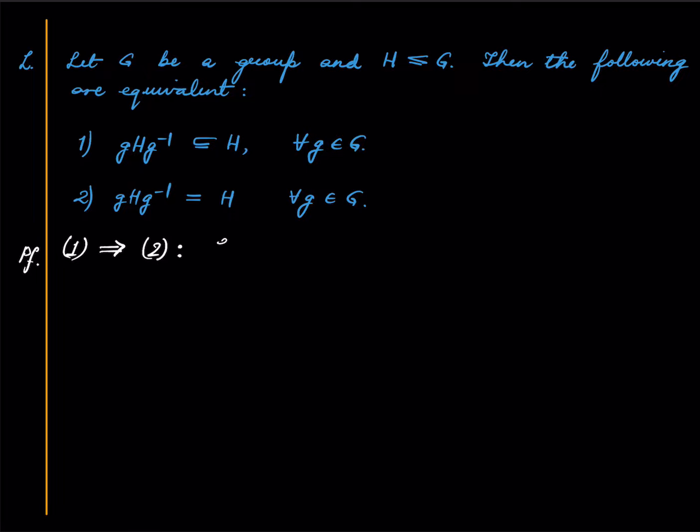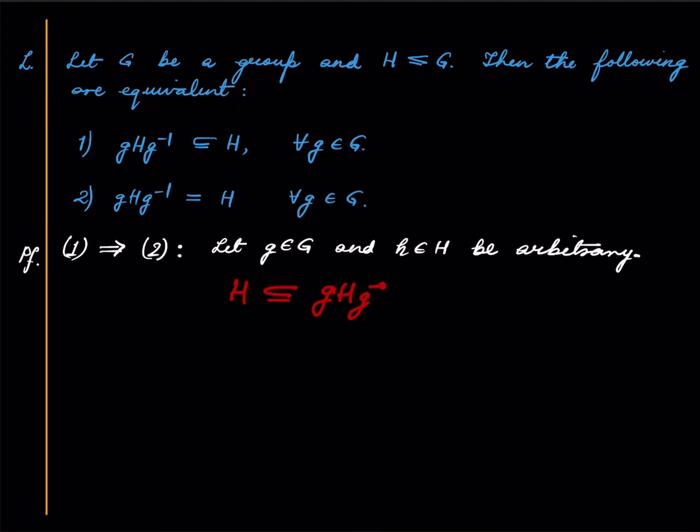Right, so let g in G be arbitrary and h in H be arbitrary. So we are assuming 1 and we want to show that little h, we want to really show this containment, because the reverse containment is already there in 1. And to show this containment, we just want to show that little h is a member of that. Okay.